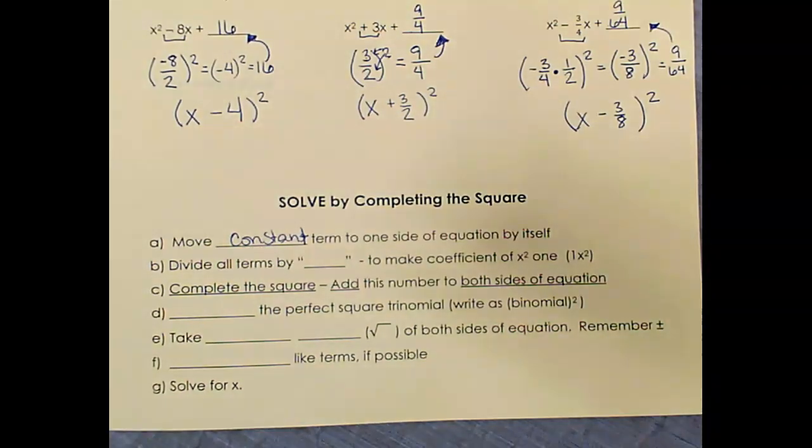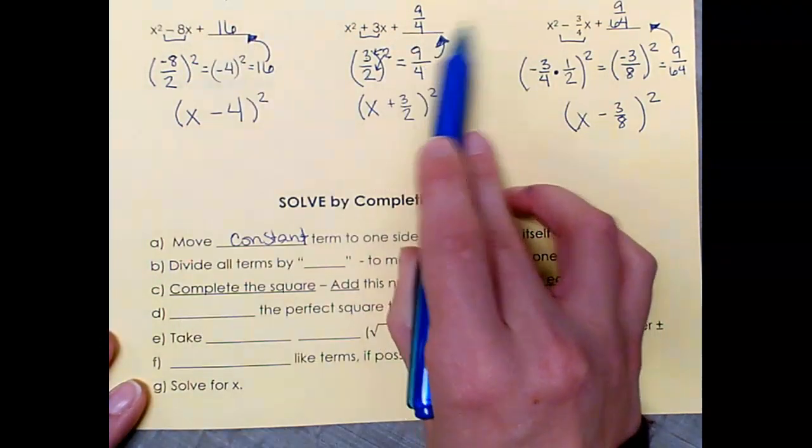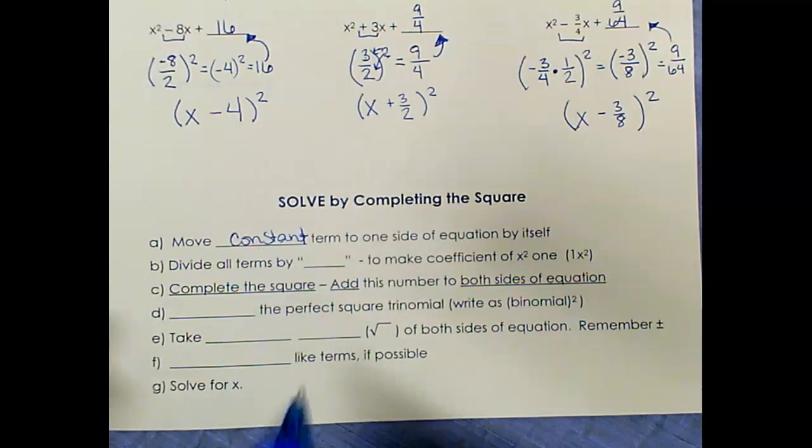The constant, so usually like the plus c part, you want to move that to the other side of the equation by itself. That way you've kind of got this blank space that you can write in your own constant and complete the square. So whatever constant the problem came with, you want it to go over to the other side, and you want to have a space to put your own constant that completes the square.